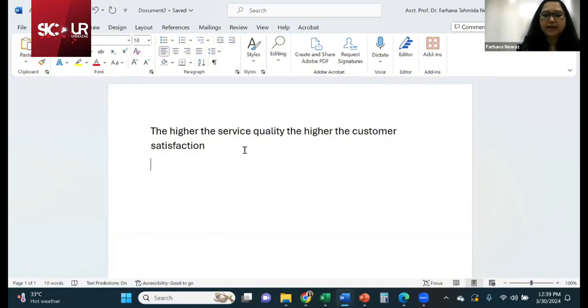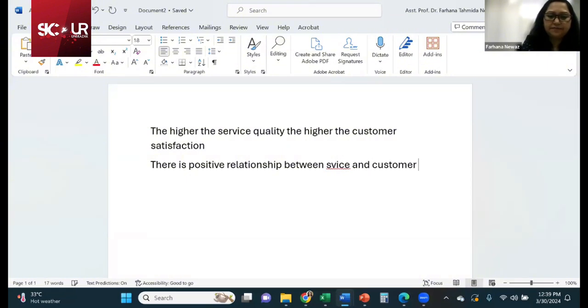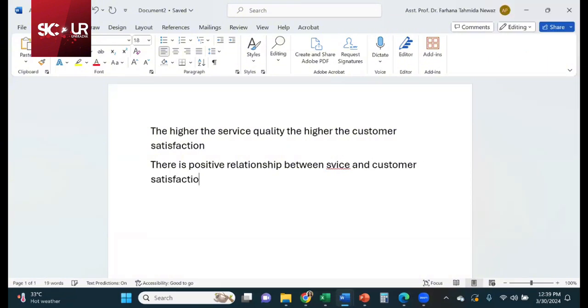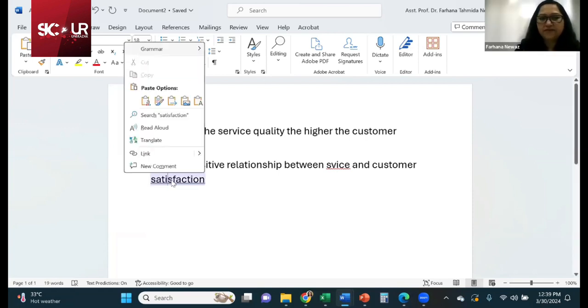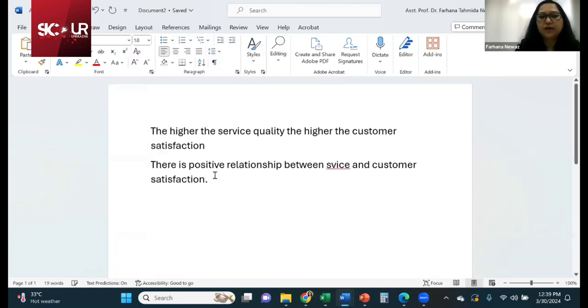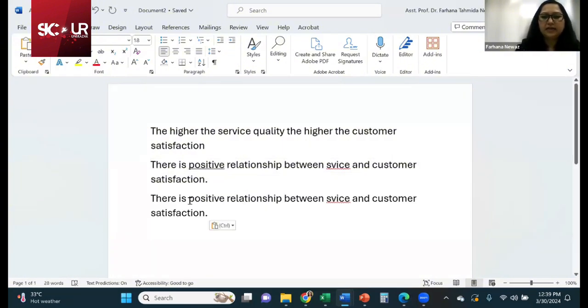Also this way you can write it down: the higher the service quality, the higher the customer satisfaction. Or we can just say there is a positive relationship between service quality and customer satisfaction. This is another way we can write it down. Same thing, right? Then there is another way: there is a significant relationship.